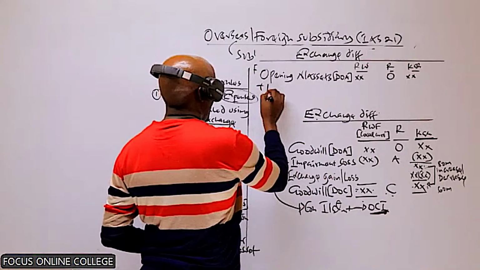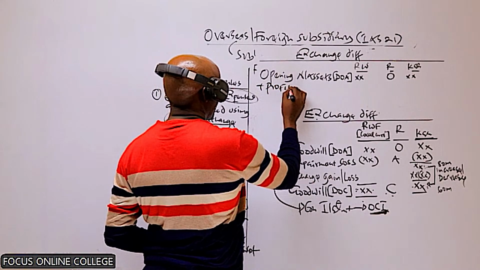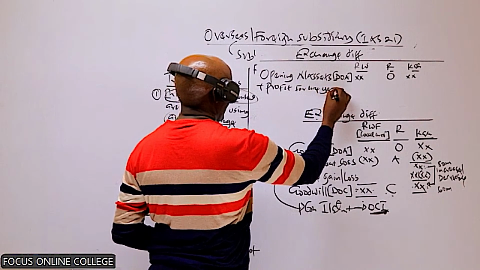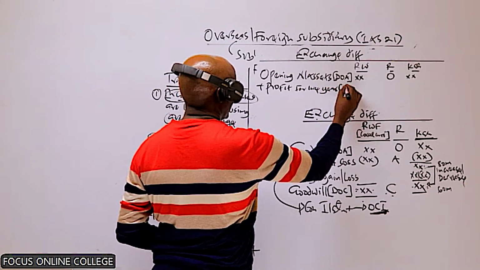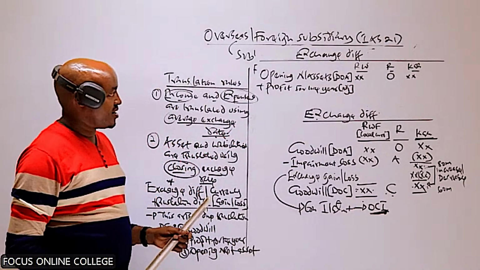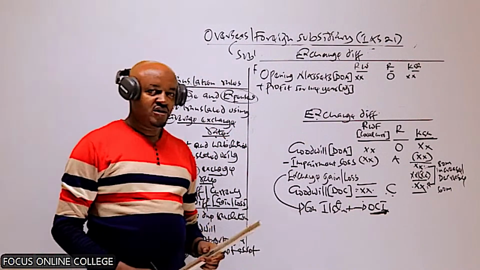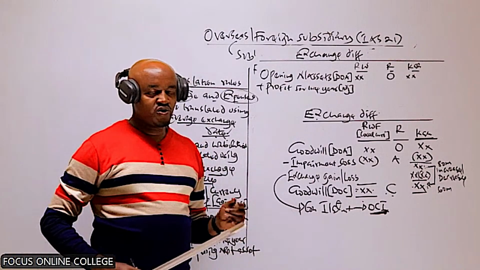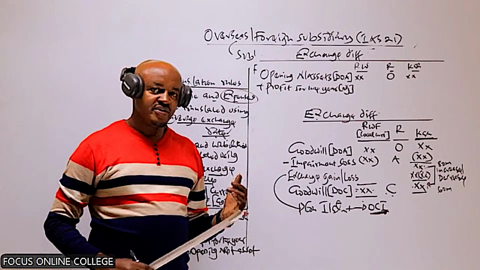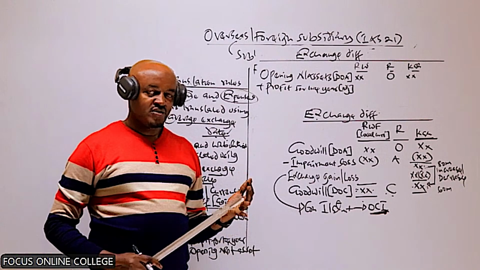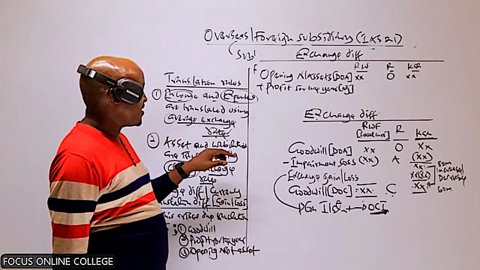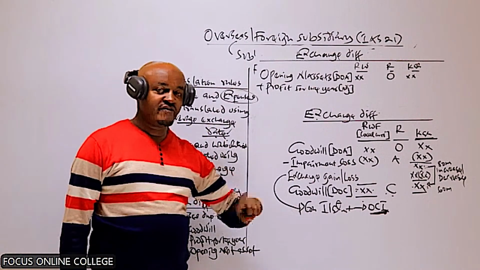And then to this, you add the profit for the year. Remember, this is the profit for the year for the subsidiary. In case there is some adjustment which should be affected in the income statement of the subsidiary, like depreciation, or other charge, maybe amortization, which was not accounted for by the foreign subsidiary as a result of fair value adjustment.